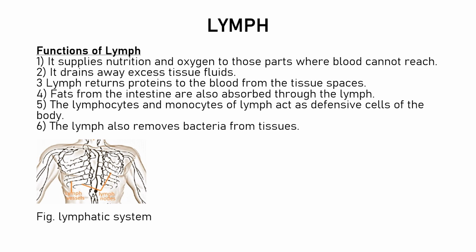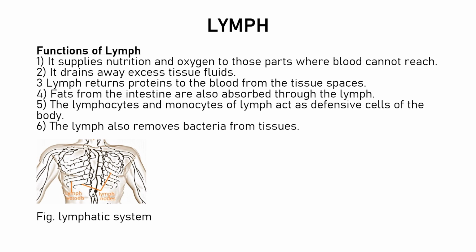It supplies nutrition and oxygen to those parts where blood cannot reach. Okay, so it drains away excess tissue fluid. So excess tissue fluid is also collected because this tissue fluid has to go back to the blood vessels, right? So lymph returns proteins to blood from the tissue spaces. Fats from the intestine are also absorbed through lymph.